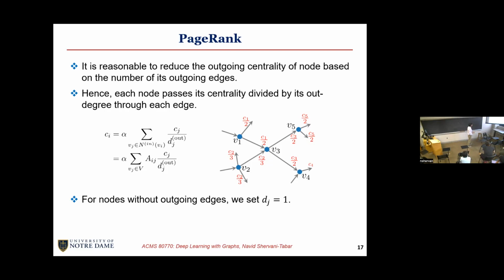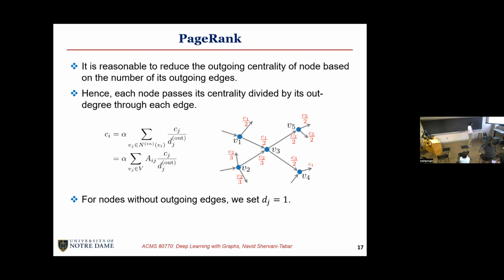We have V2, which has 3 outgoing edges, and C2 over 3 is the amount of importance that V3 gets. So the importance of V3, C3, is going to be C1 over 2 plus C2 over 3. And V3 itself is pointing at 2 other nodes, so its importance is going to be divided by 2, C3 over 2, and so on and so forth for every node in that graph.